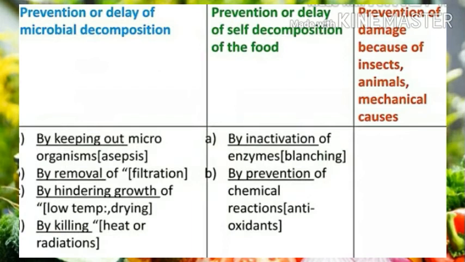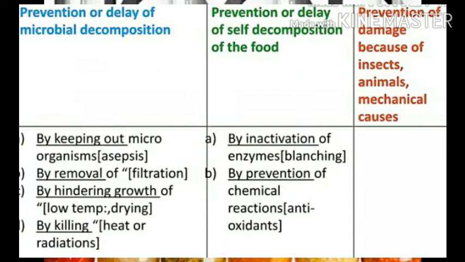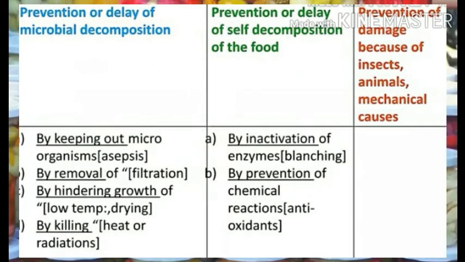First one, prevention or delay of microbial decomposition, and it can be done by four methods: first, by keeping out microorganisms; second, by removal, that is filtration; third, by hindering the growth of microorganisms, which can be done by low temperature and drying; and fourth, by killing, that means by heating or radiation.